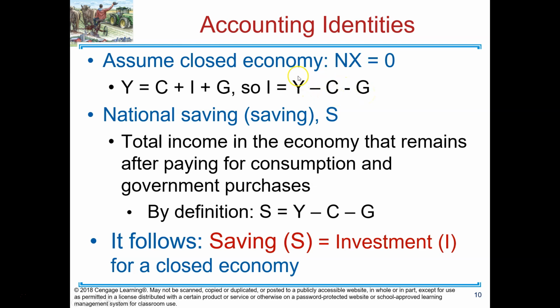So it seems like the total income could be either consumed by private households, or used to purchase government goods and services. And everything which is left over will be our investment. We know that in the country, investment has to be equal to savings. It follows that savings equals investment in a closed economy. So we can further simplify this equation into savings equals total income minus consumption minus government expenditures.